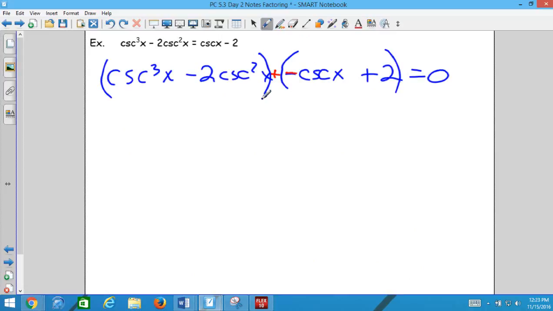Out of the first parenthesis, we're going to take out cosecant squared and left with cosecant x minus 2. Well, then whatever we take out of the second parenthesis has to make it match the first parenthesis. So what are we going to take out? You're going to take out a negative 1, so we change both of the signs.